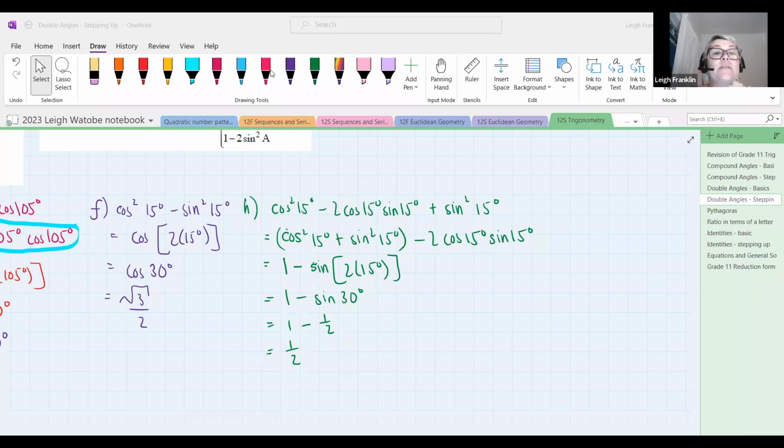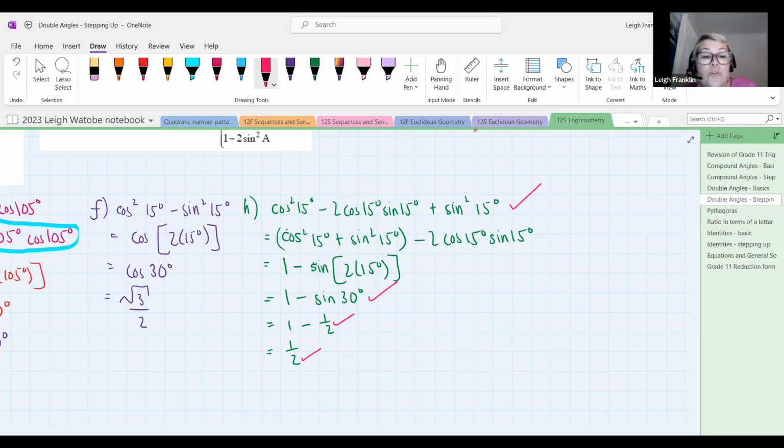I'm going to put ticks where the steps you should write. So you should definitely write that. You should also definitely write this step over here. If you went from the first line to that fourth line, that would be fine. You should also write this step, and you should write that step over there. Those are the ones that are necessary to show. Absolutely. Good question.